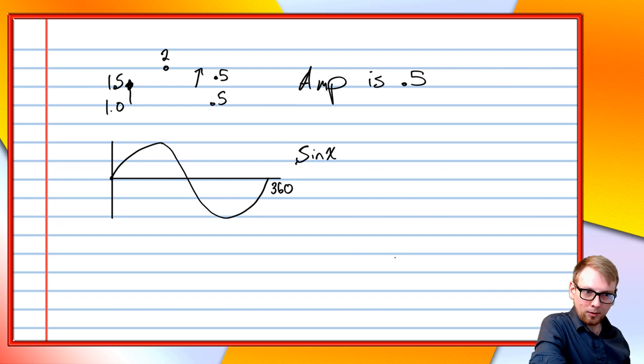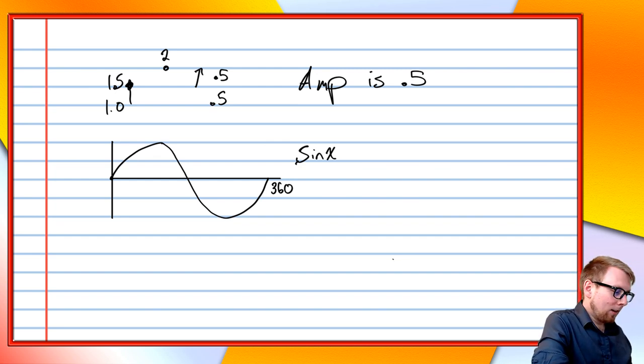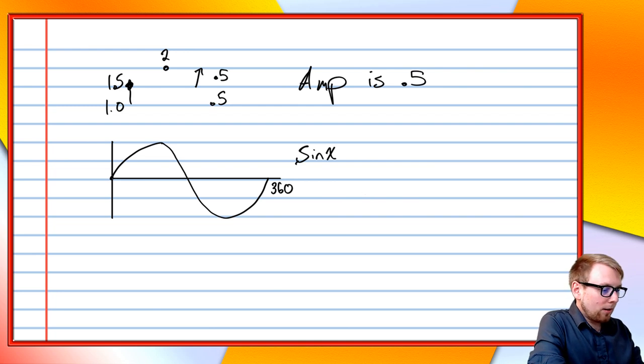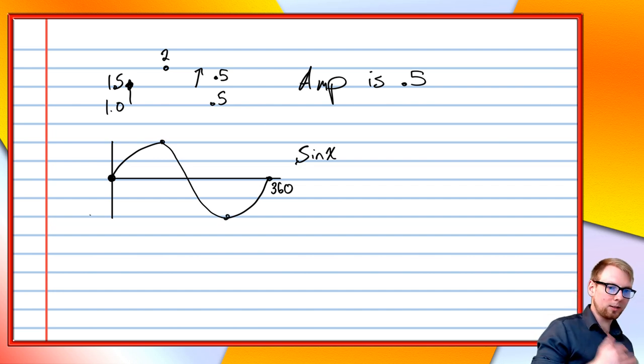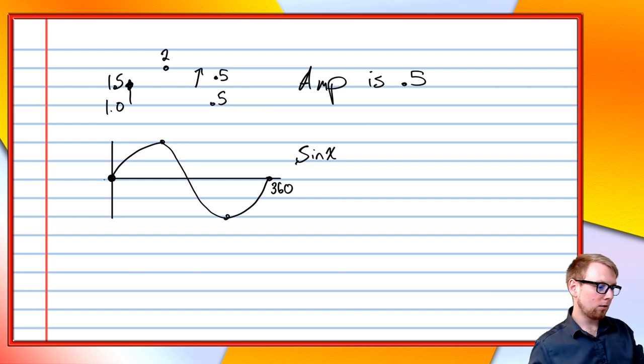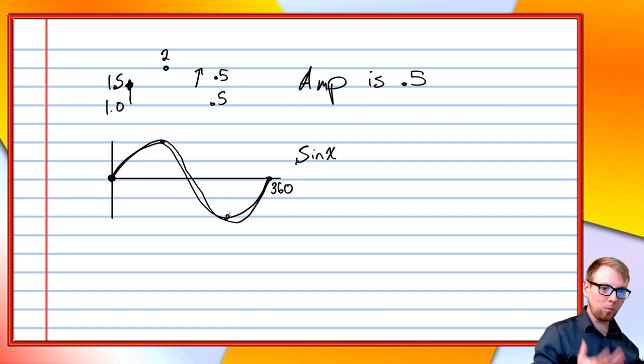Okay. So if you look at the graph of sine, it goes from here to the top to the bottom and back to 0. So it did one full cycle. Let's compare one full cycle to our question.